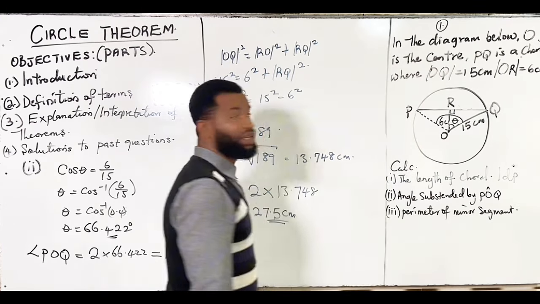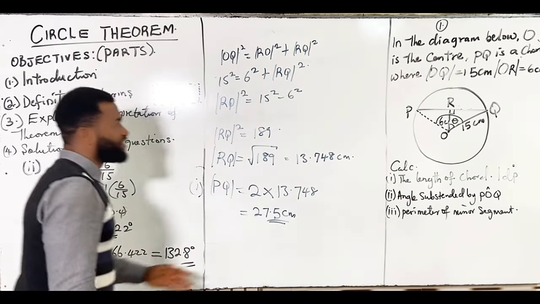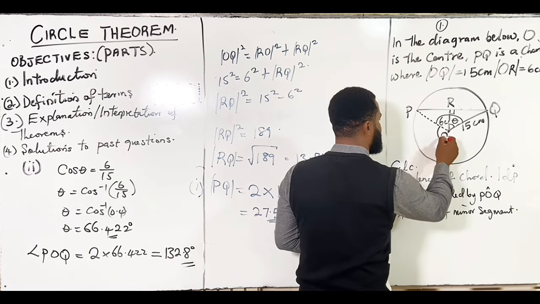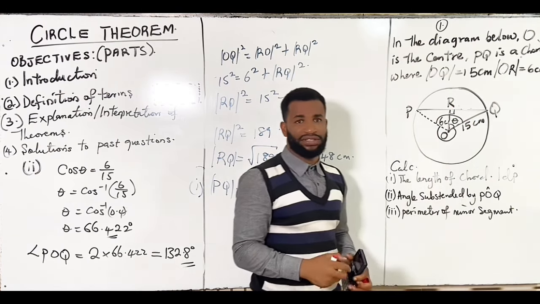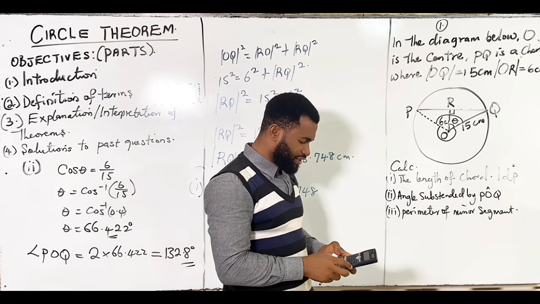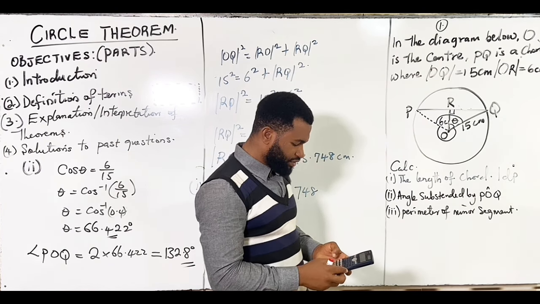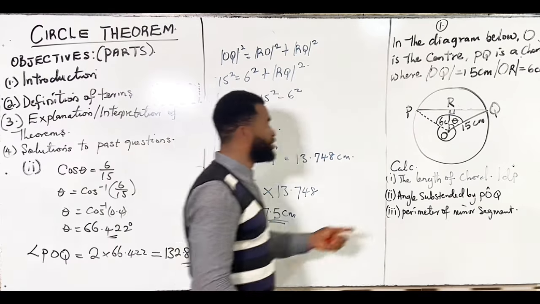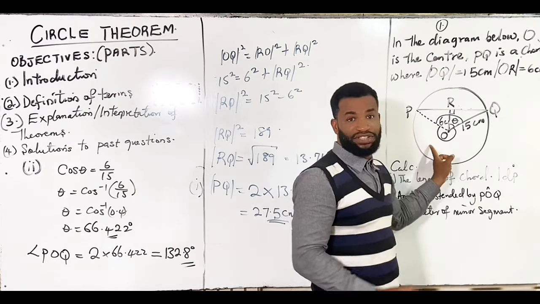The question is, which one is the minor segment? Of course, this is actually the minor segment. You know why? Because the angle from here to here is the major segment, and that is going to be 360 minus 132.8, which is 227.2.